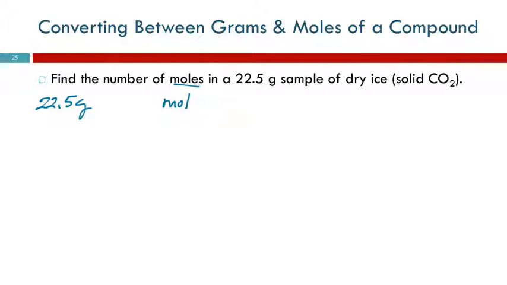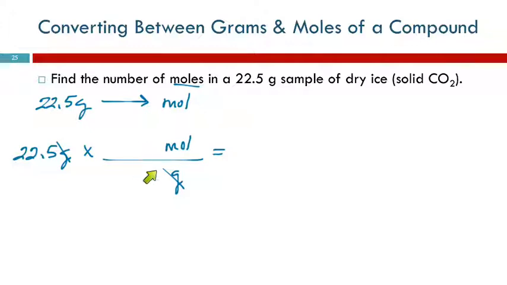Grams to moles is the relationship 1 mole is Avogadro's number of things, so that's always just a single step. So 22.5 grams times a fraction, moles on the top, grams on the bottom, and so we've got the units to work out. Then we need this relationship between moles and grams.